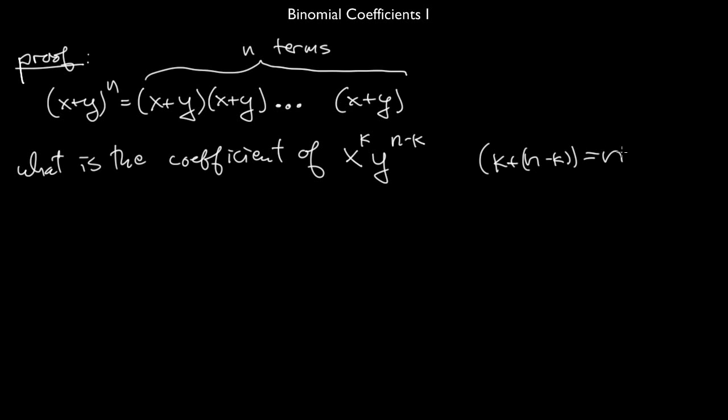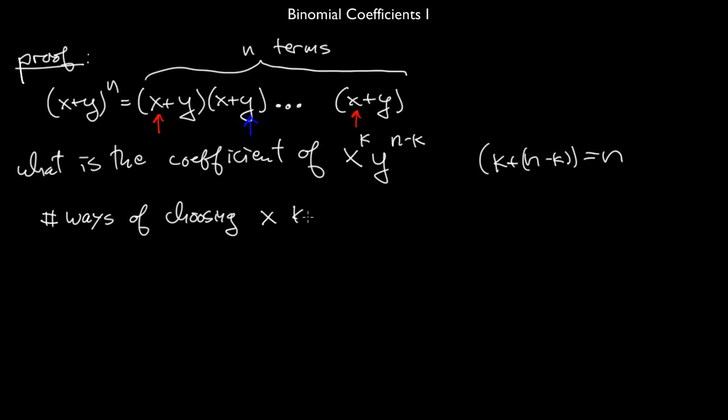And how many times are you going to get the term x to the k, y to the n minus k? Well, when you expand this, in the first parentheses, you have to choose x or y, and sometimes you'll choose x and sometimes you'll choose y. And you'll get an x to the k if you choose x k times.